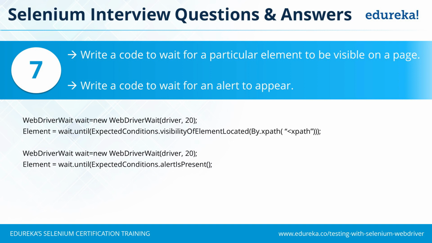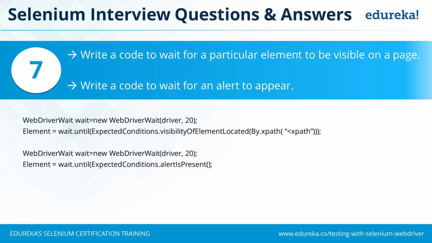Then I say element. This is a web element for which I'm trying to wait. Element is equal to wait, I'm using this object, wait.until. Until is a method which will decide till what point of time the WebDriver should wait. ExpectedConditions.visibilityOfElementLocated by XPath is available on screen.